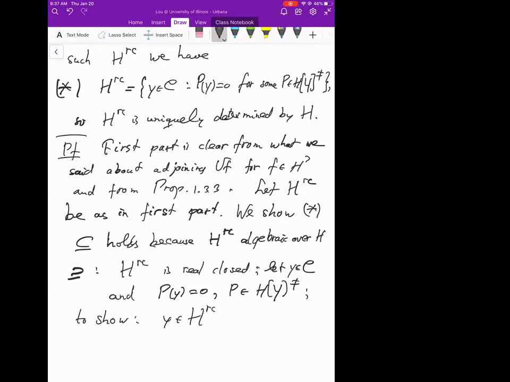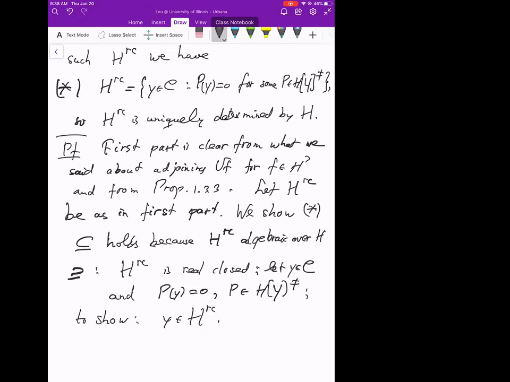Keep in mind, I have a little y here and a big Y. I usually use big letters for indeterminates, and little letters for the things that I'm substituting for them.